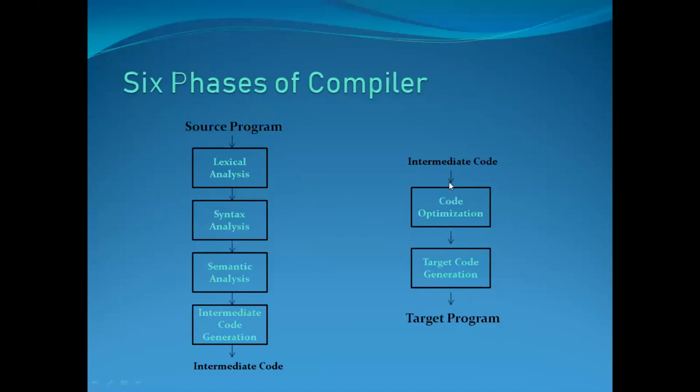Optimization means trying to make a code better, which means, for example, if some code is written in 7 instructions, or let's say 6 instructions, and it can be converted into 5 or 4 instructions, then your code is optimized. How will we do this? We will see its demonstration through a practical example in the next lecture. So after this fifth phase of code optimization, the last phase is target code generation.